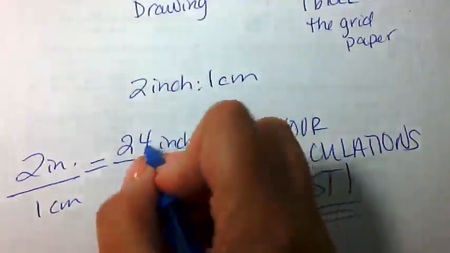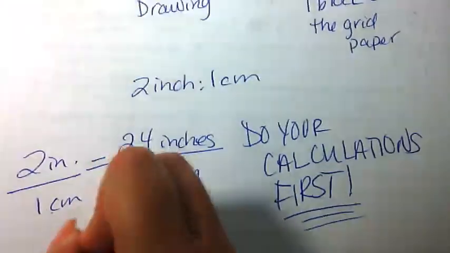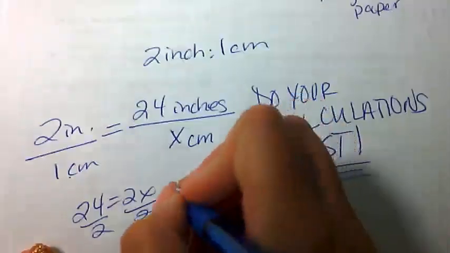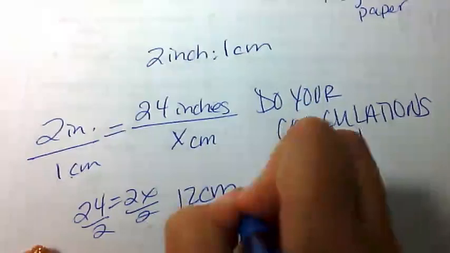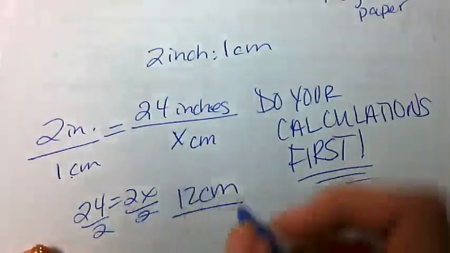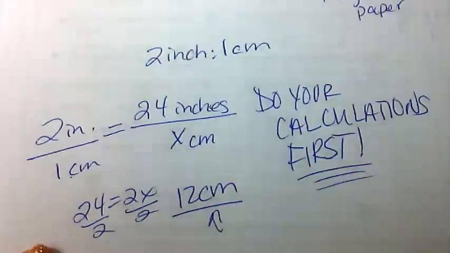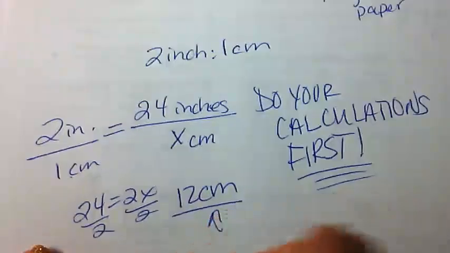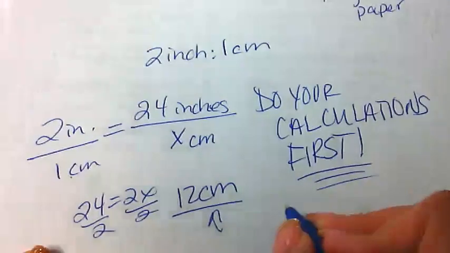All right, so this is 24 equals 2x, divided by 2. So it's going to be 12 centimeters. Your 24-inch tall water tower will be drawn at 12 centimeters. And it must be the same scale for every single part of the water tower.